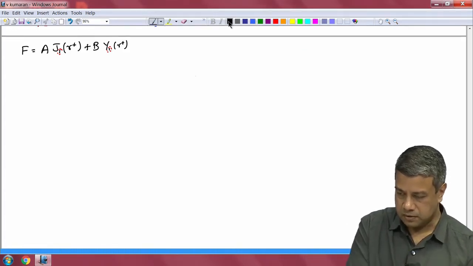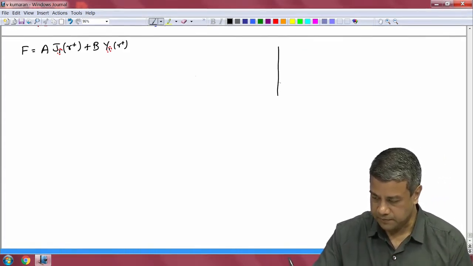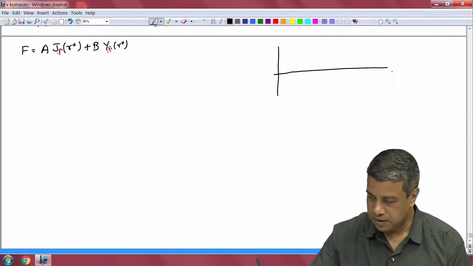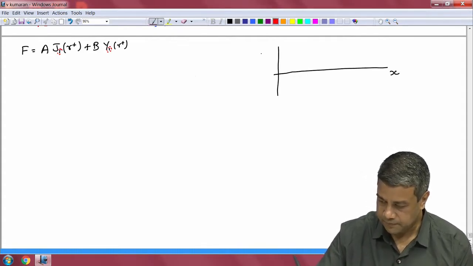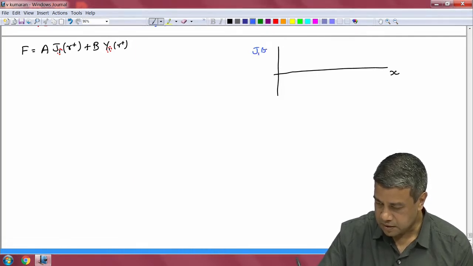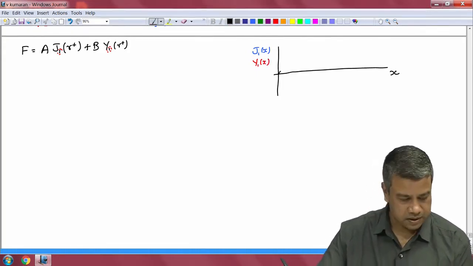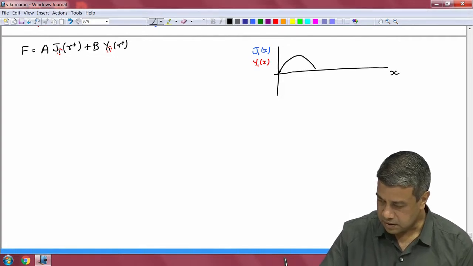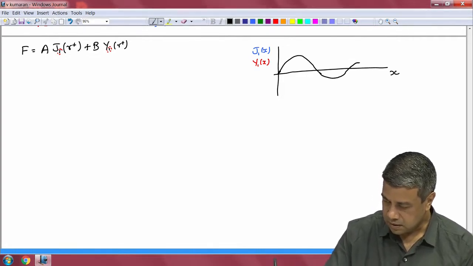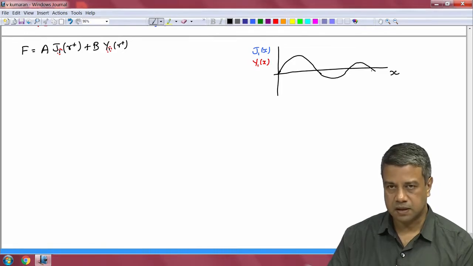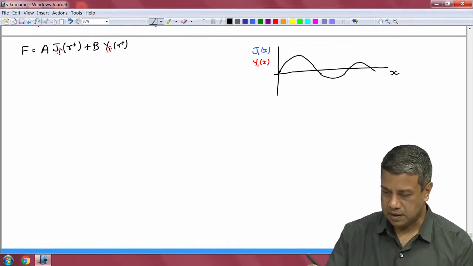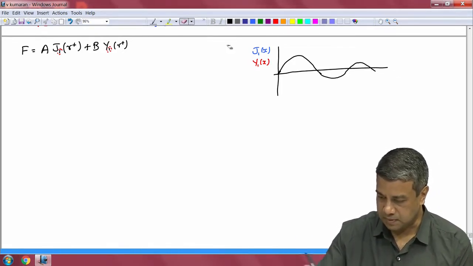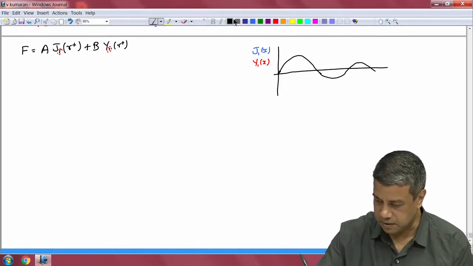And you can plot those solutions. If I plot, for example, as a function of x, J1 of x and Y1 of x: J1 of x passes through 0 at the origin. It increases and then decreases, and the amplitude decreases as x increases. I'll just use r plus for the argument.